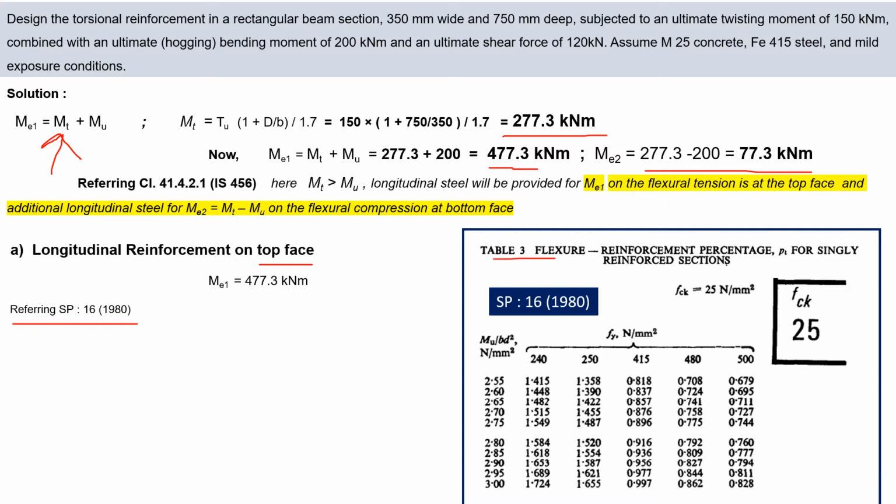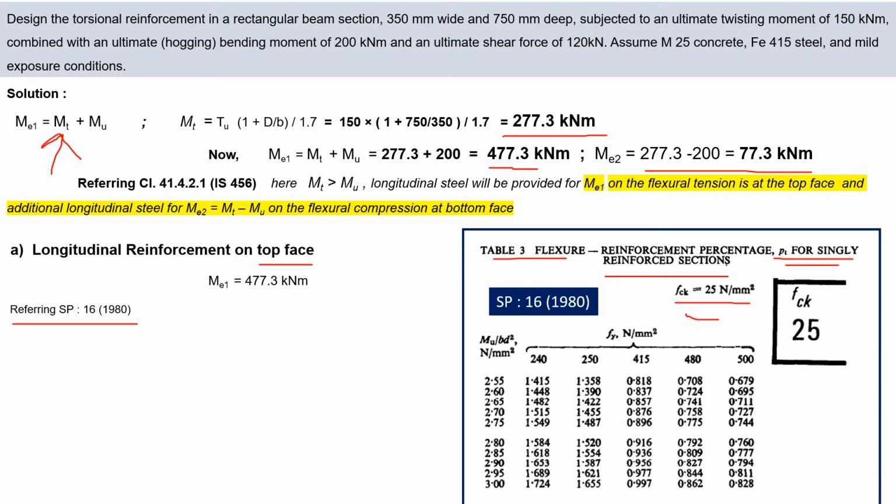Now this Table 3 is applicable for the current problem, since fck is 25 Newton per millimeter square. Reinforcement percentage here we can calculate for a singly reinforced section. So this Table 3 will give us the percentage of steel pt. This table is applicable for M25 grade of concrete, SP16 1980.